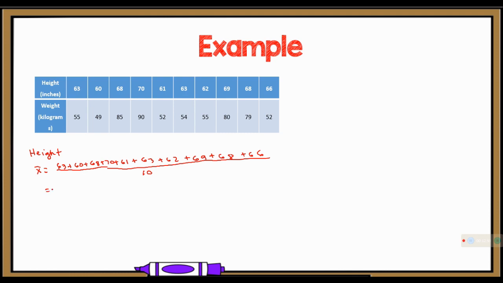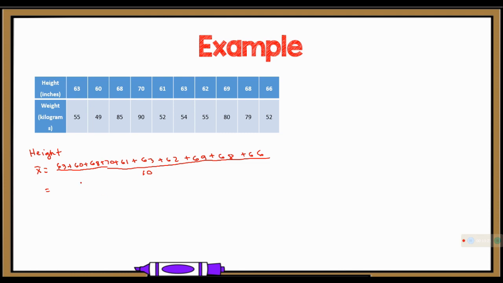Now, let's add them up. We have 63 plus 60 plus 68 plus 70 plus, hindi pala, plus 61 plus 63 plus 62 plus 69 plus 68 plus 66.